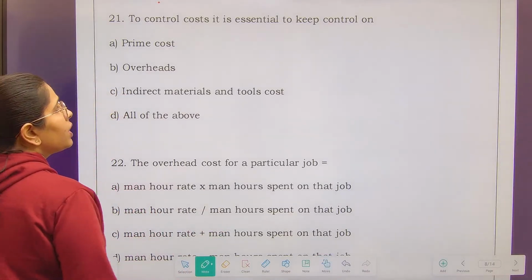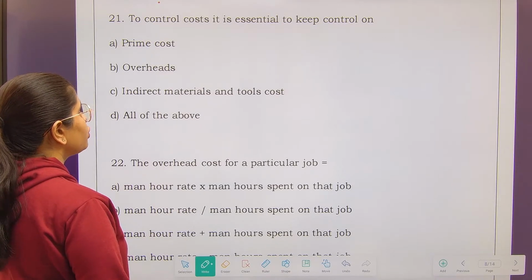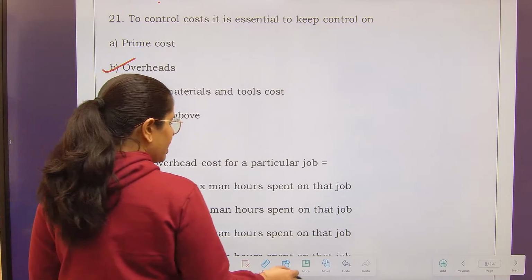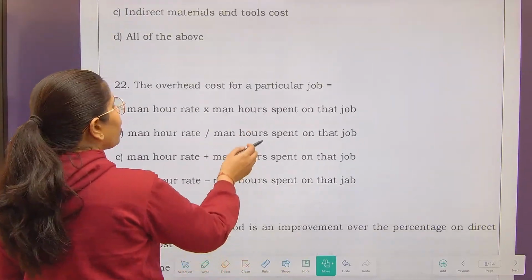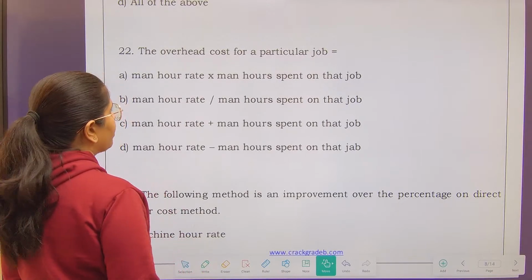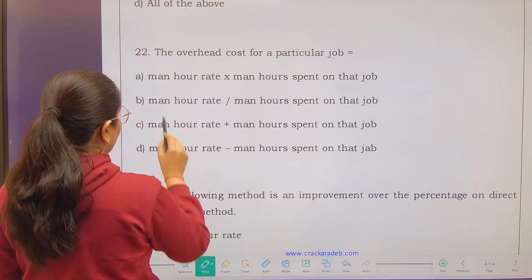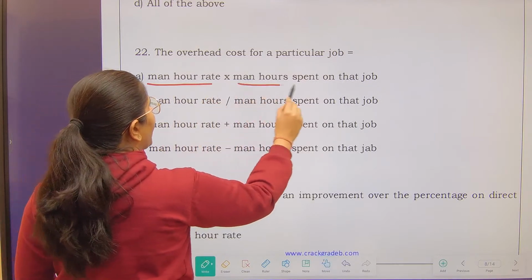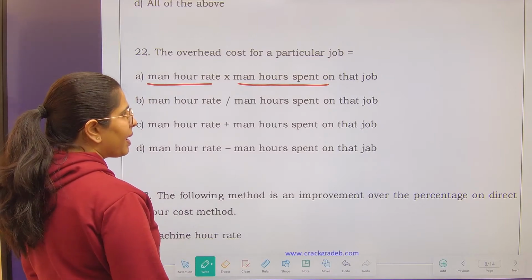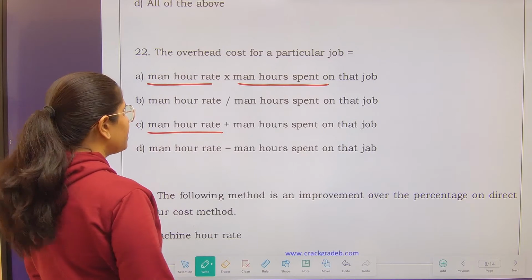Next is, to control cost, it is essential to keep control on prime cost, overheads, indirect material. We have already seen this. This is overheads. Next, overhead cost for a particular job. How to calculate? Man hour rate multiplied by man hours spent on that job, man hour rate divided by man hours spent on that job, man hour rate plus man hours spent.